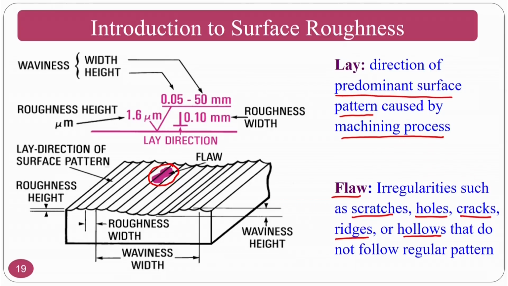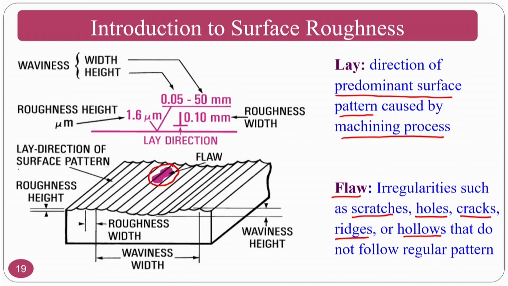The lay may differ from machining process to machining process. In a turning process, you may get a circular pattern, that is feed marks. In the grinding operation, you may get a straight line surface pattern, that is what is written here.